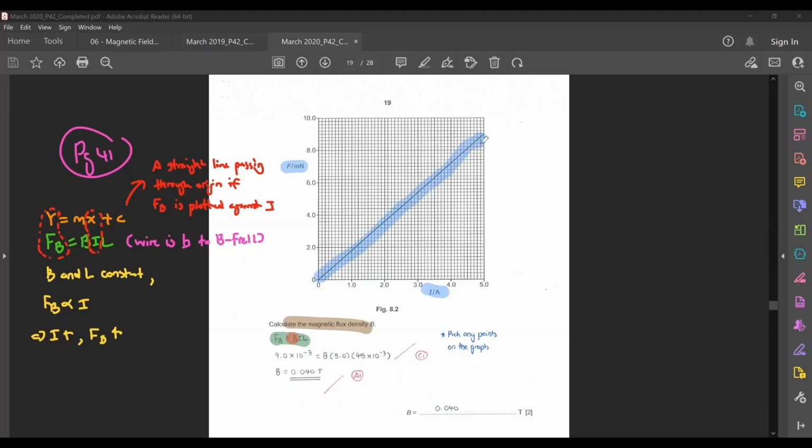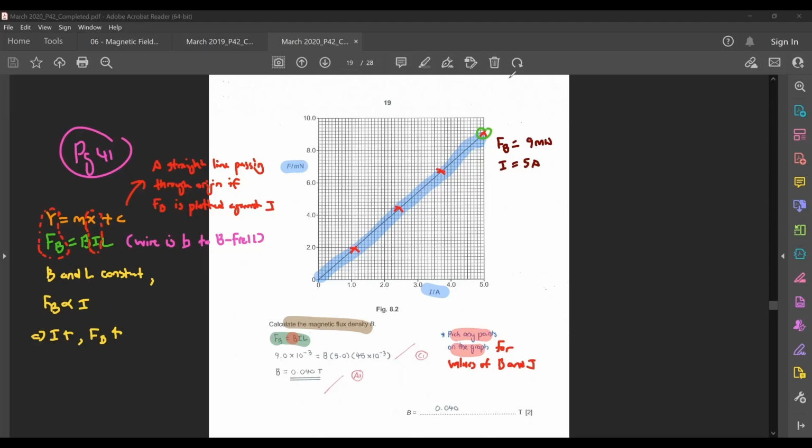So you just pick any point on the graph. It can be this point here, this point here, or even this point here. In my workings, I picked this point where your magnetic force is 9 millinewton and your current is 5 amps.